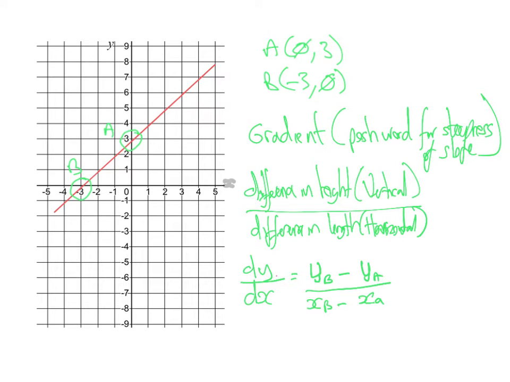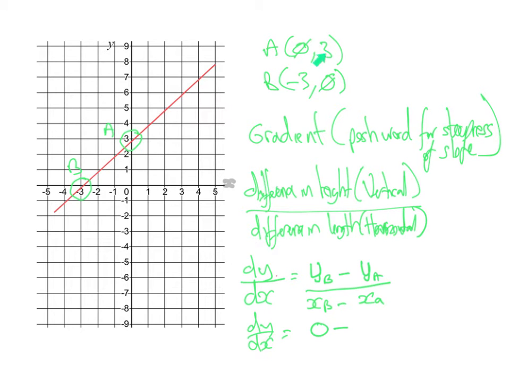So in this case, let's see if we can work out the gradient. So the gradient dy dx equals, well, what's the y coordinate for b? So if we go up here, here's b, that's the x component of the coordinate, that's the y, so it's 0. So we have 0 take away what's the y component of a?